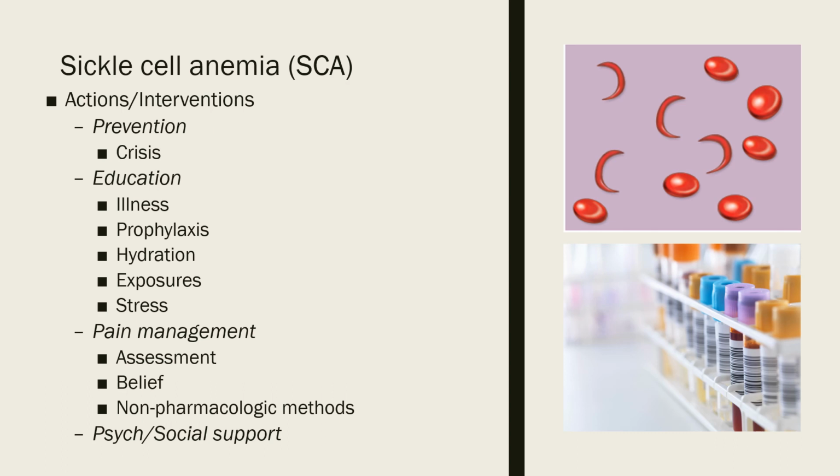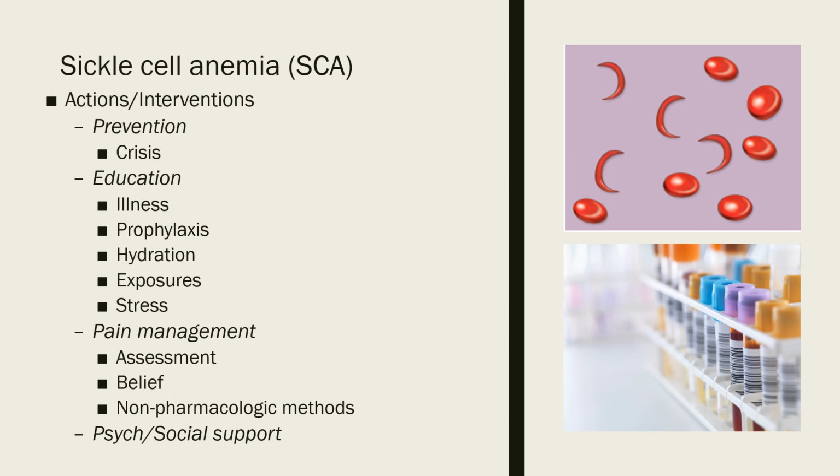Things of that nature are going to create enough stress and dehydration in a child that we're going to also develop a crisis. We want to make sure that they are fully vaccinated and that they're taking penicillin prophylaxis. We need to make sure that they stay hydrated at all times. They need extra hydration. Hemodilution is the key.